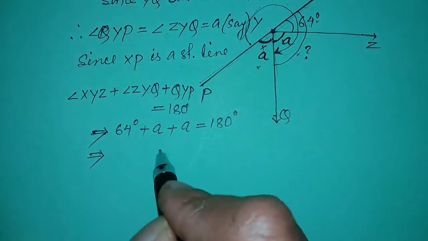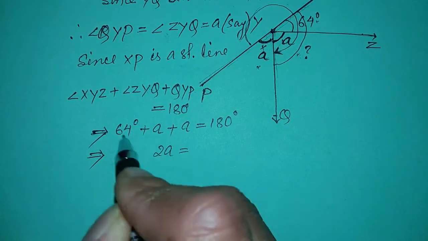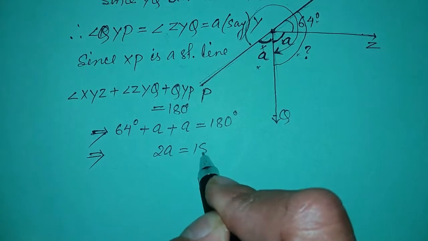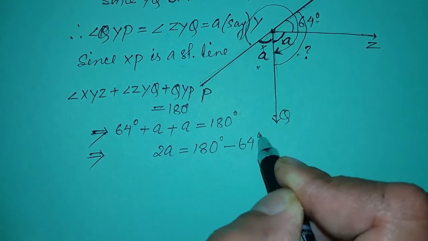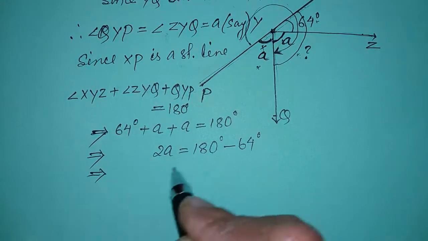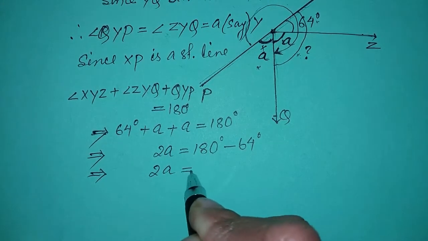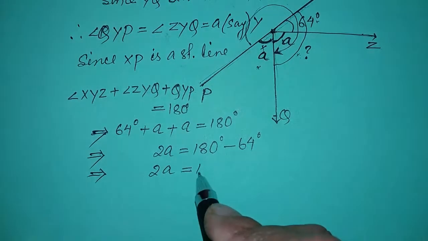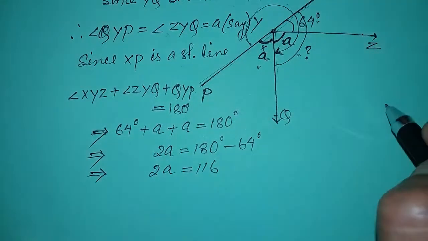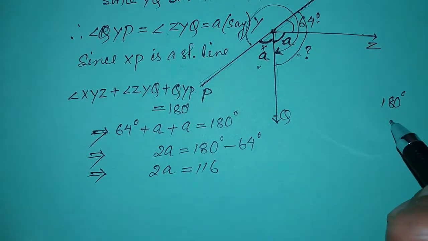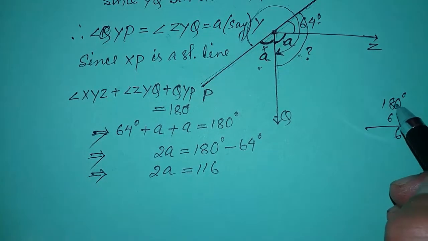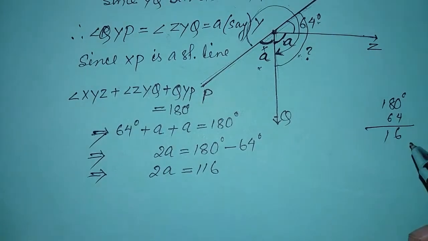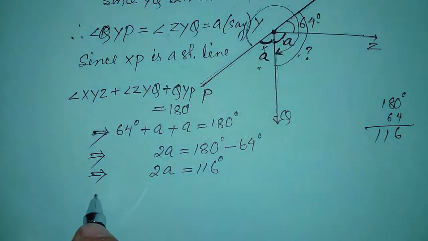Now A plus A is 2A, and we transpose this 64 to the right hand side. So 2A is equal to 180 degree minus 64, which is 116.